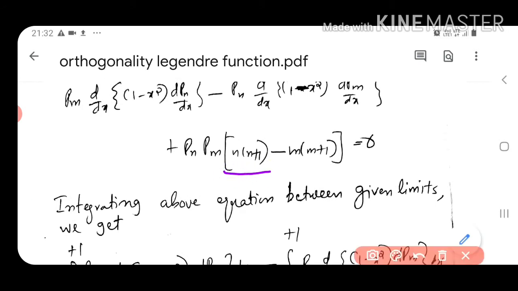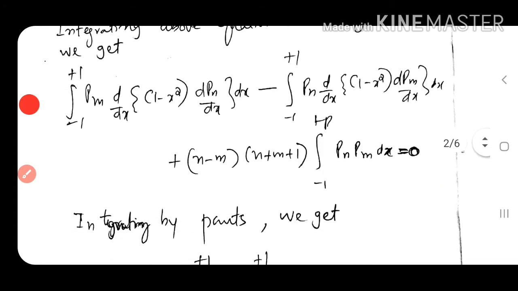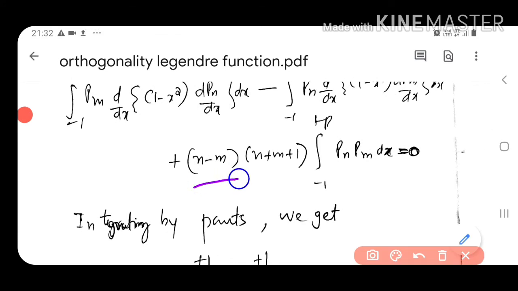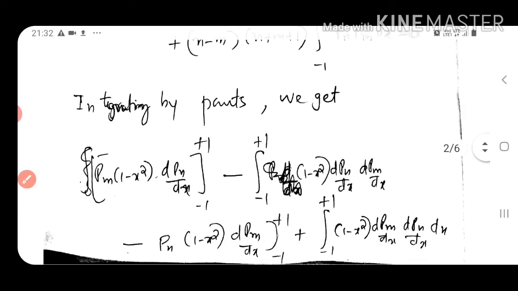Here we have n square plus n, and here m square plus m, so that can be written as n minus m into n plus m plus 1. Then minus the integral from minus 1 to plus 1 of Pm dx, that is equal to 0.